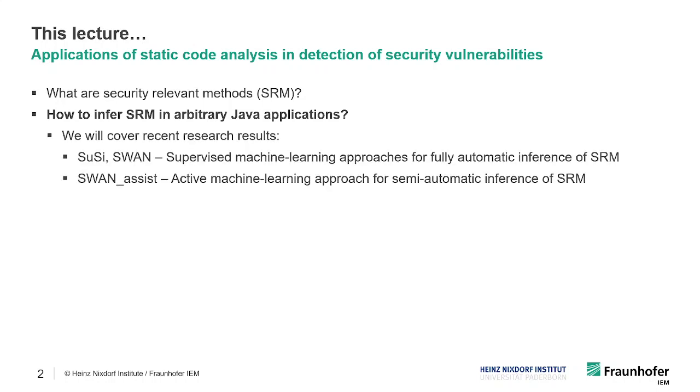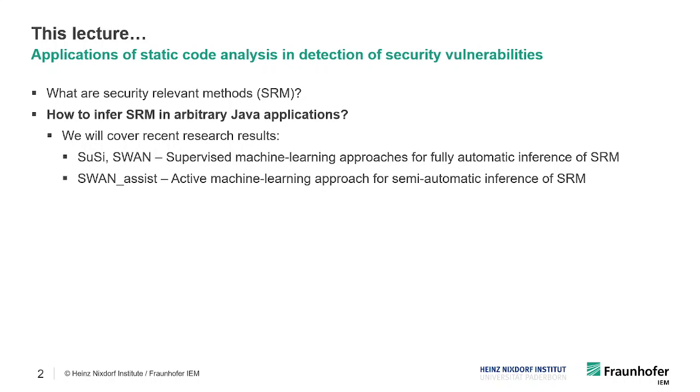This part will cover recent research results that have been done in our research group. We are going to talk about two tools named SUSY and SWAN, which are supervised machine learning approaches for fully automatic inference of security relevant methods.